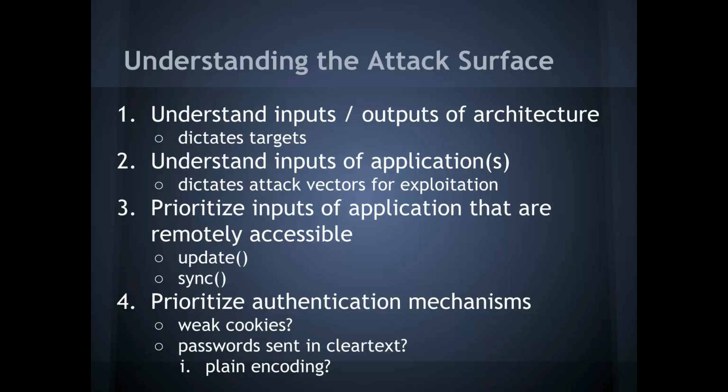And you should really prioritize the inputs of an application that have remote accessibility, because vulnerabilities in those and the resultant code paths or derivative code paths from those inputs usually have a much higher impact vulnerability-wise.